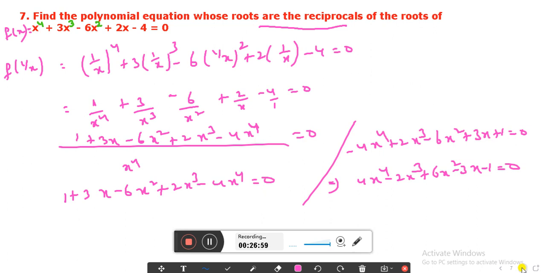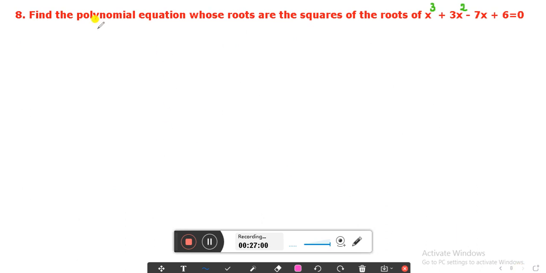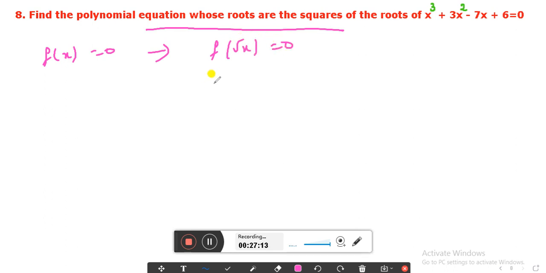And last question, find the polynomial equation whose roots are the squares. If given f of x equals 0, its squares is f of root x equals 0. So in place of x we have to write root x. So root x whole cube plus 3 of root x whole square minus 7 of root x plus 6 equals 0.